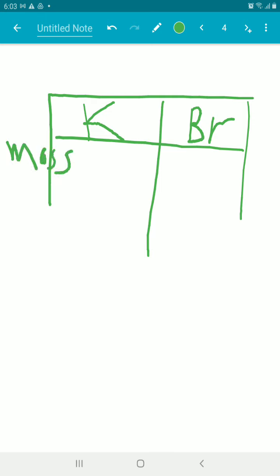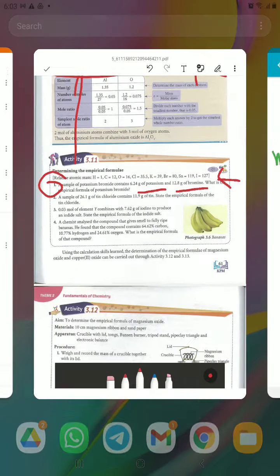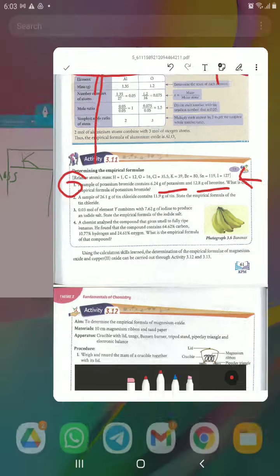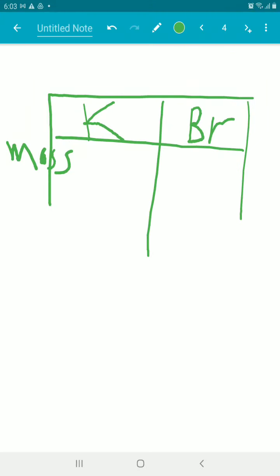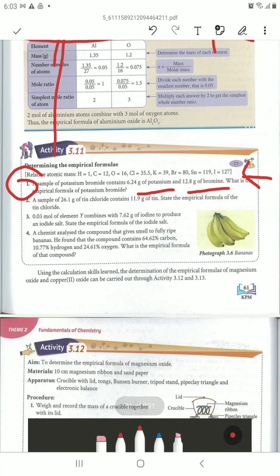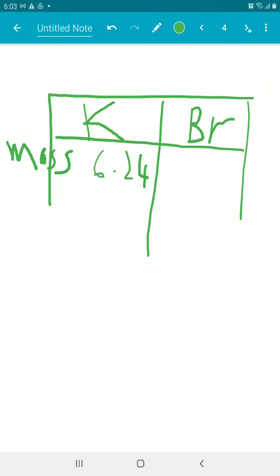The same procedure, the same steps. What is the mass for the potassium? Mass is 6.24 grams and the mass of bromine is 12.8. So here you write 12.8. Then number of mole.